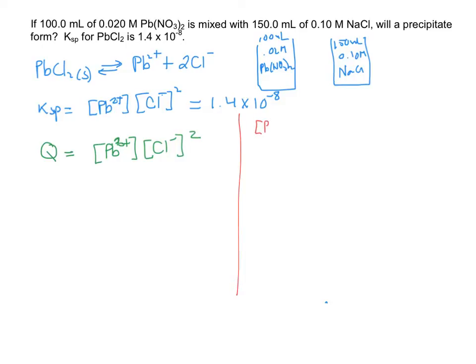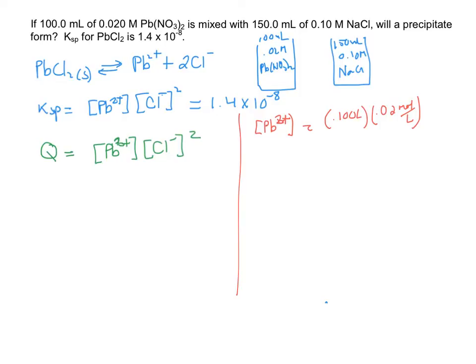Let's start with the Pb2+. So the Pb2+ concentration, I have 100 mL, so 0.100 liters, and it's 0.02 molar, so 0.02 moles per liter.